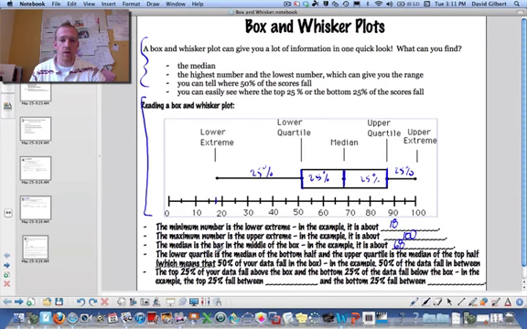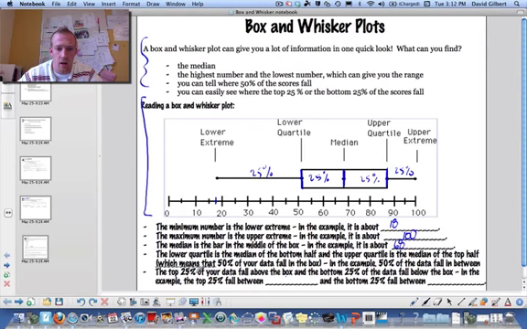And then the lower quartile is the median of the bottom half. So the lower quartile is halfway between the lower extreme and the median. And it looks like it's about a 51. So in the example above, 50%, this just reiterates what I said.